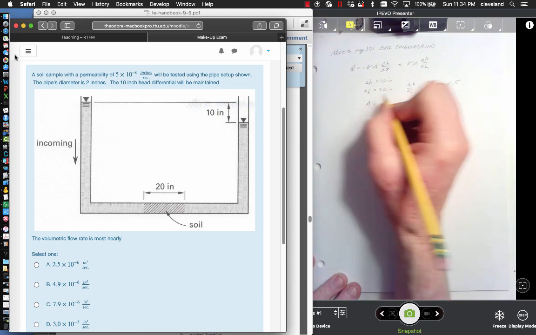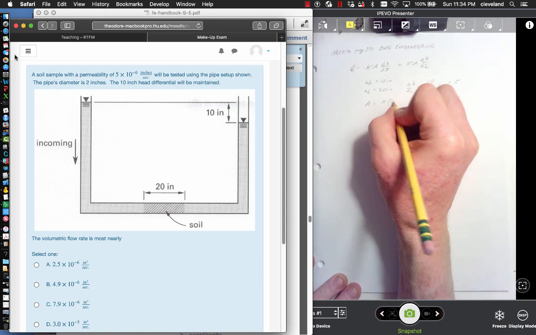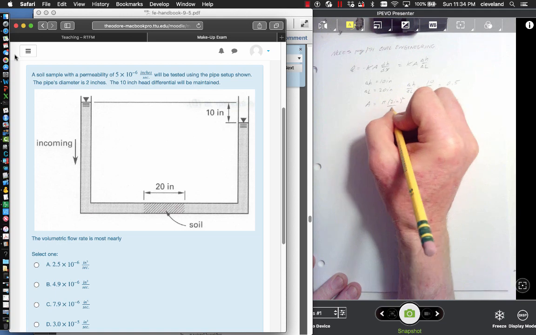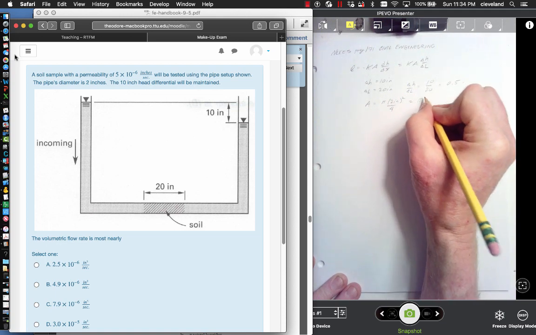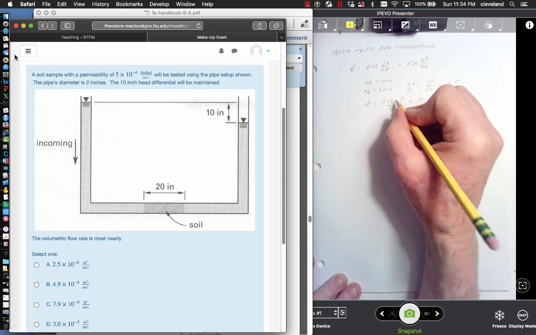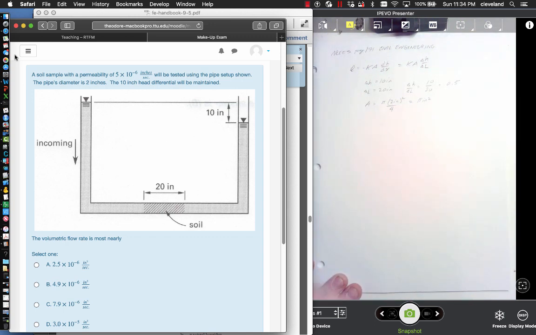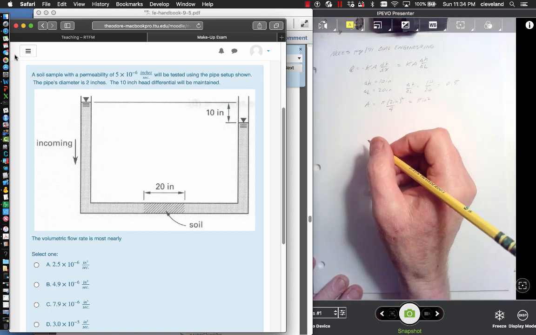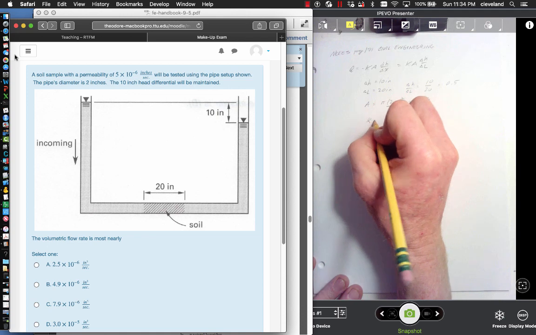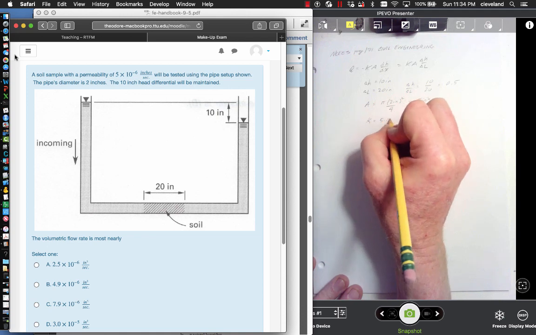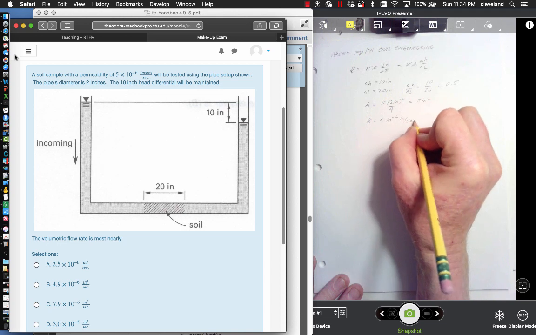Cross-sectional area is pi times 2 inches squared over 4, which equals pi, 2 squared is 4, pi inches squared. Weird unit. And our hydraulic conductivity is 5 times 10 to the minus 6 inches per second.